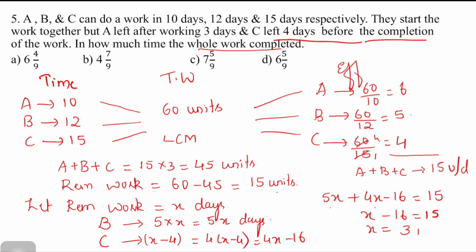So in how much time is the whole work completed? Now we know that 31 days was the remaining work, but before that A, B and C worked for 3 days, isn't it? So 31 plus 3, the total work is completed in 34 days.